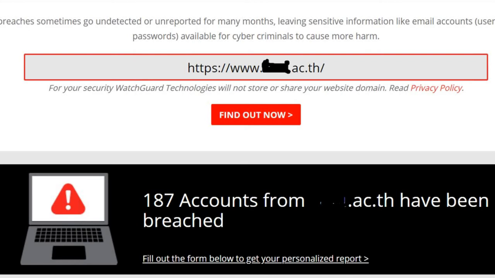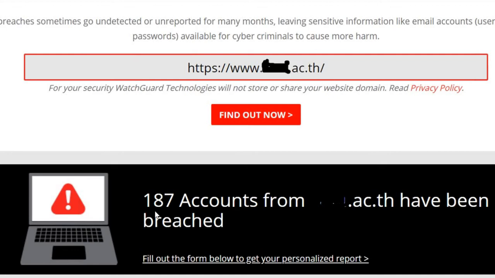So WatchGuard created a website where you can put in a domain name that you want to know about. Let's say this is your domain, you put in the domain name and scan it. WatchGuard will tell you whether your domain has any accounts breached or not. In this example, this is an education college in Thailand.